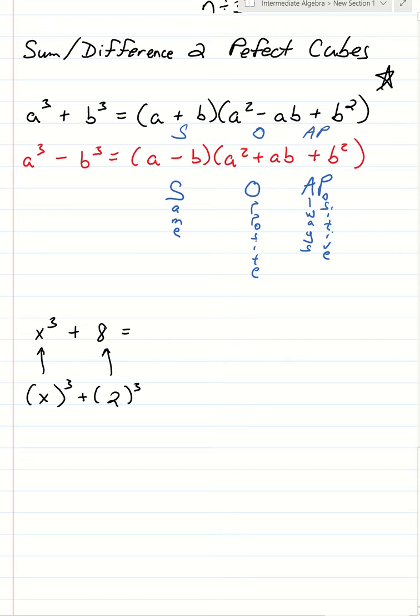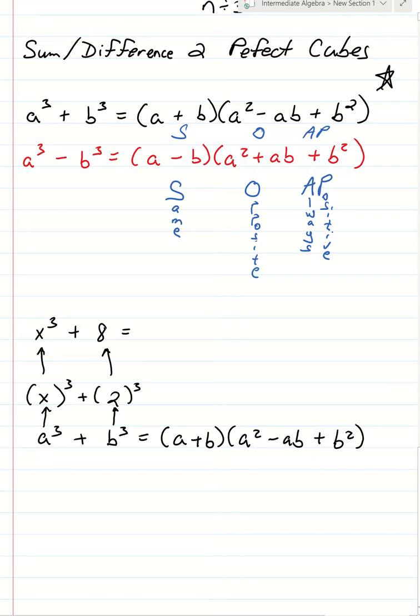So what's being demonstrated here is a to the third plus b to the third is going to equal my formula of a plus b, a squared minus ab plus b squared. Wherever I see the a in my formula, I'm going to plug in an x. Wherever I see a b, I'm going to plug in the number 2.